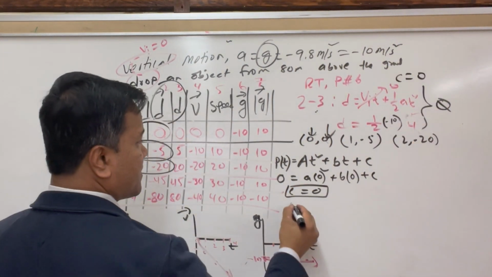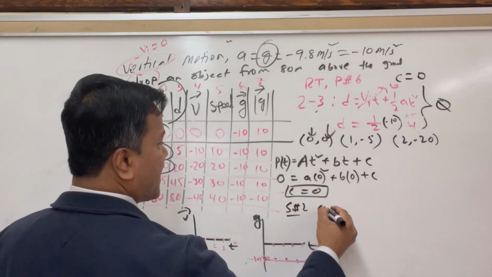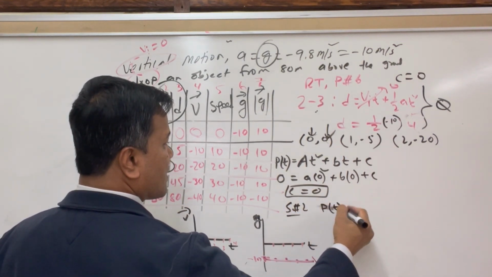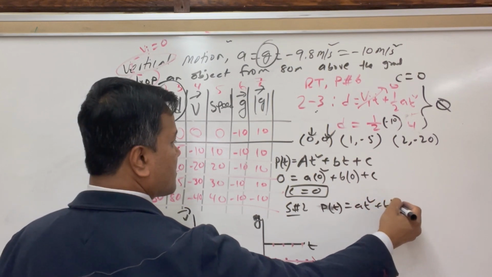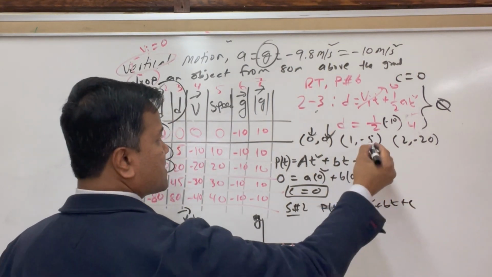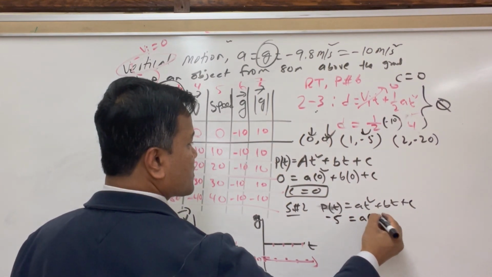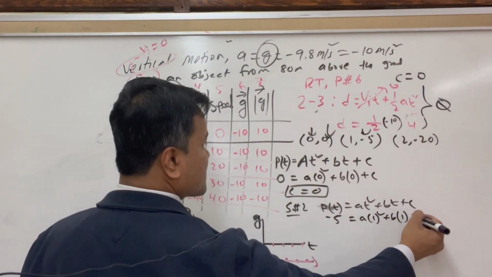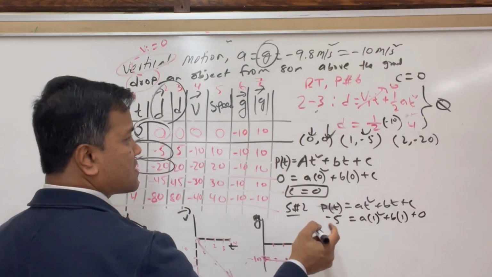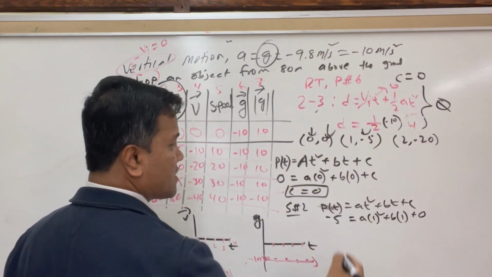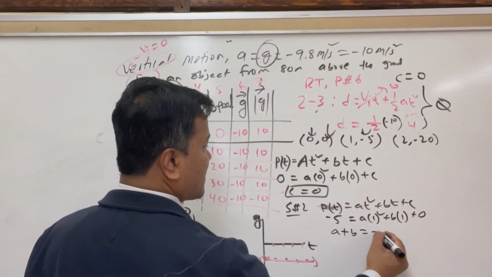Now step number 2. p of t is equal to a t squared plus b t plus c. So this is your y: -5 is equal to a times 1 squared plus b times 1 plus c, and c is equal to 0. We already got it. So a plus b is -5.